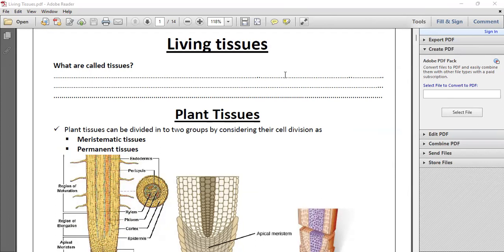Okay. So we have actually in grade 10 come across the definition of a tissue, right? So if you can remember, a tissue is a collection of cells, right? In our human body or in an animal body, the basic structural and functional unit is the cell, right? A cell can perform a function individually.